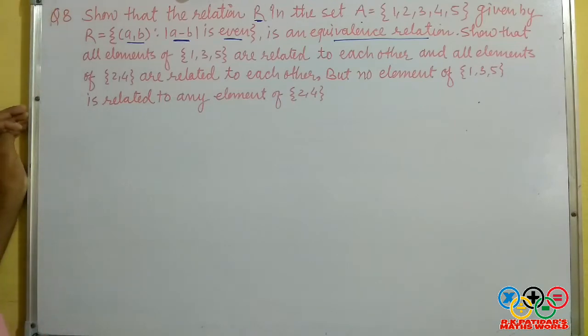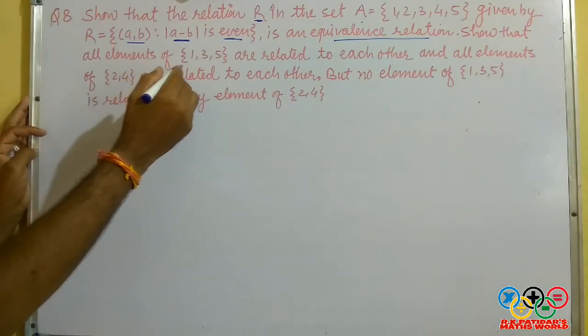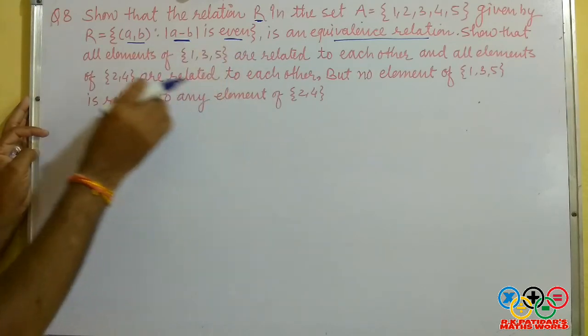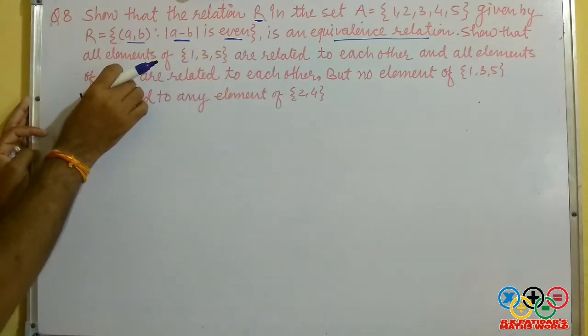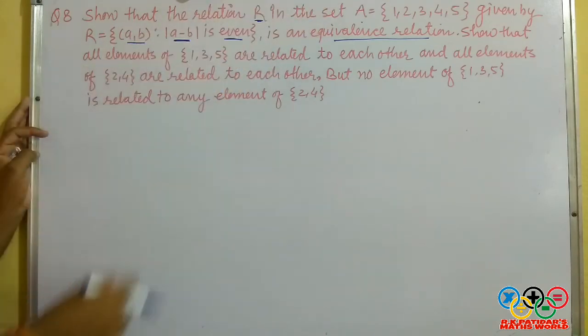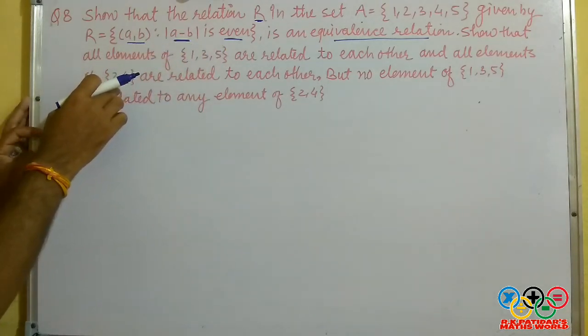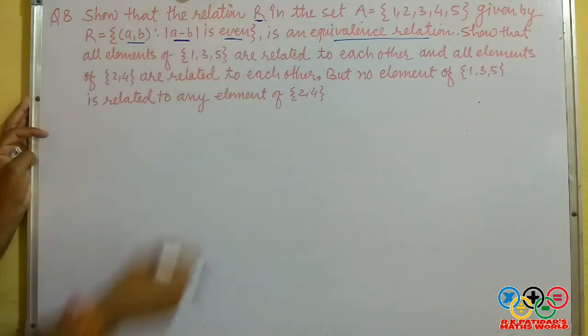We also have to show that the elements of {1, 3, 5} are related to each other, and the elements of {2, 4} are related to each other. These are parts of the given set, and the intersection of these two sets is empty and the union is again that set.